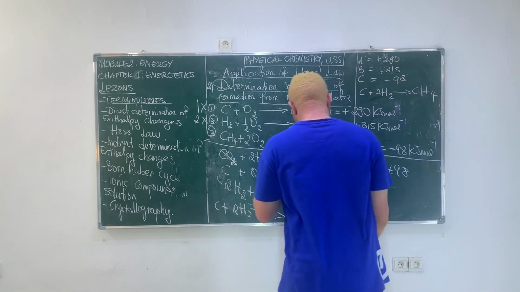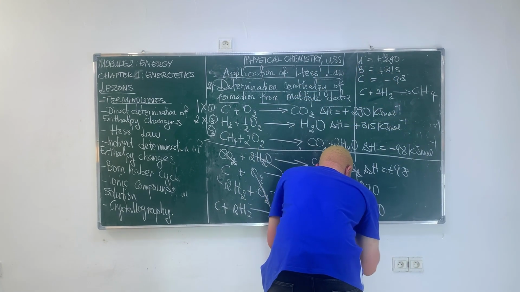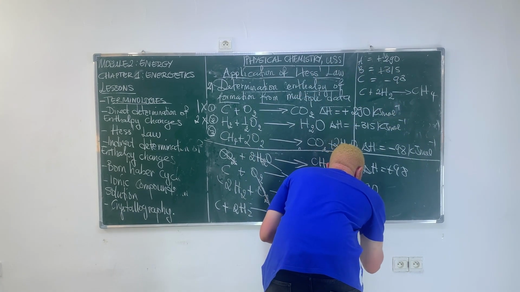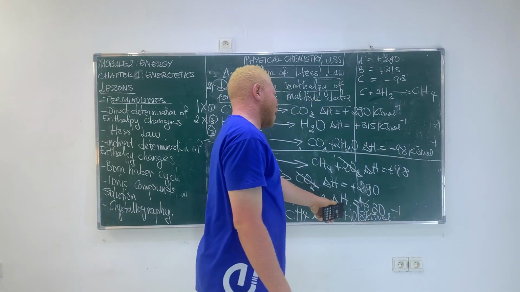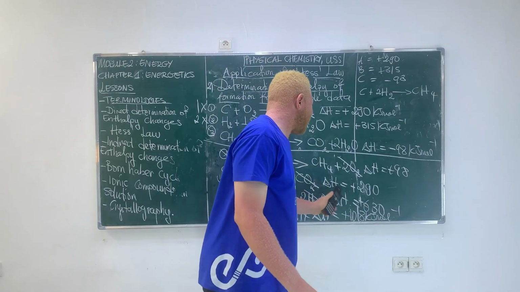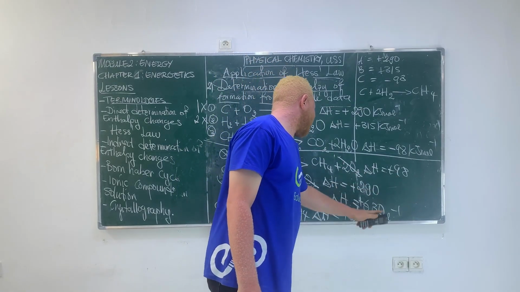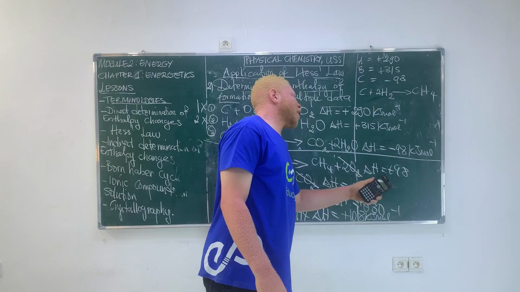So delta H is positive, 130 kilojoules more. From this answer, I've just added the enthalpies, so I've added 98, 290, and 630 to get the final enthalpy.